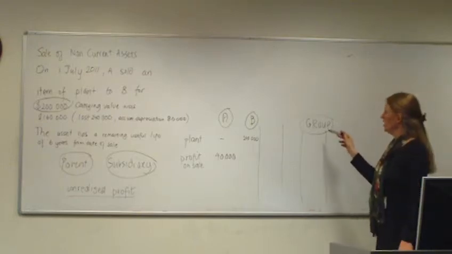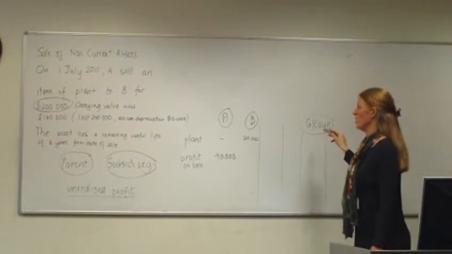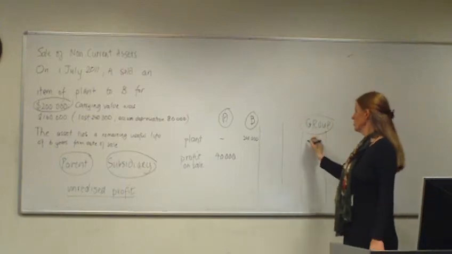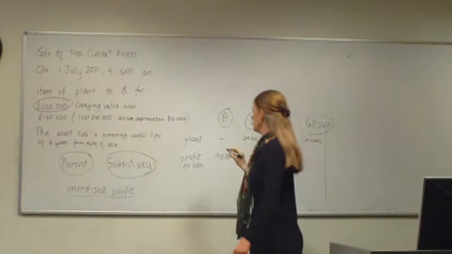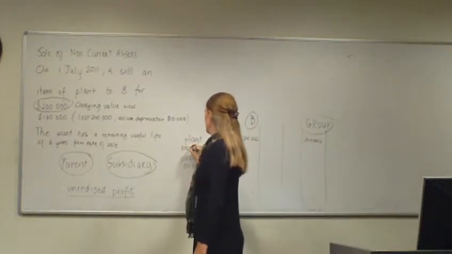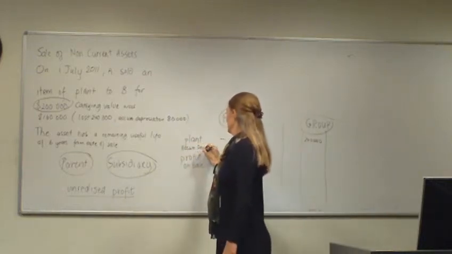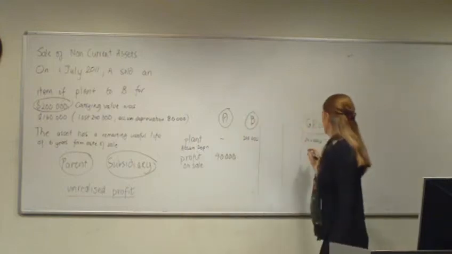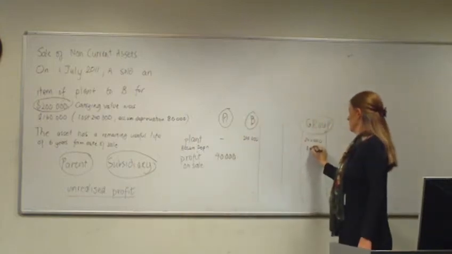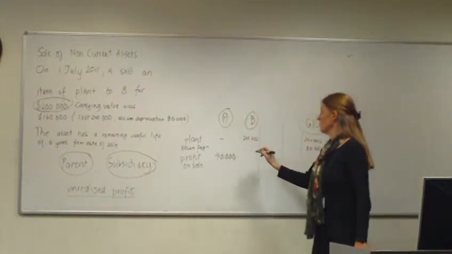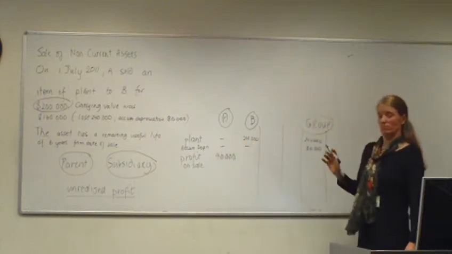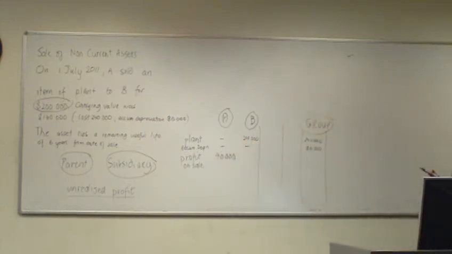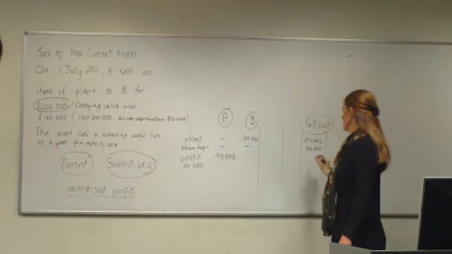So in the books of the group, we should have plant at cost of 240, accumulated depreciation of 80, since there's nothing in either of those at the beginning of the year, and the profit on sale should be 0.